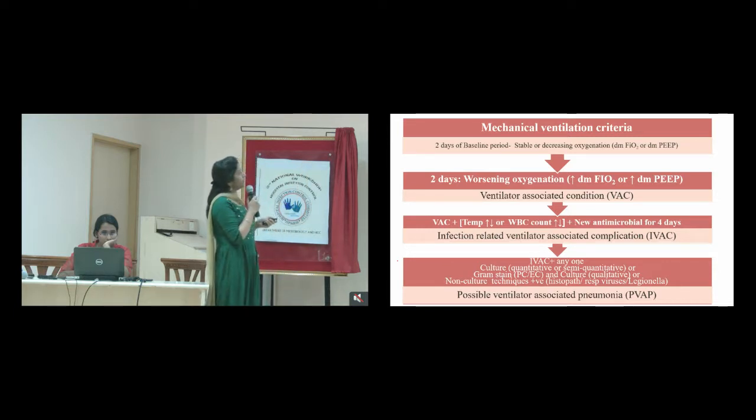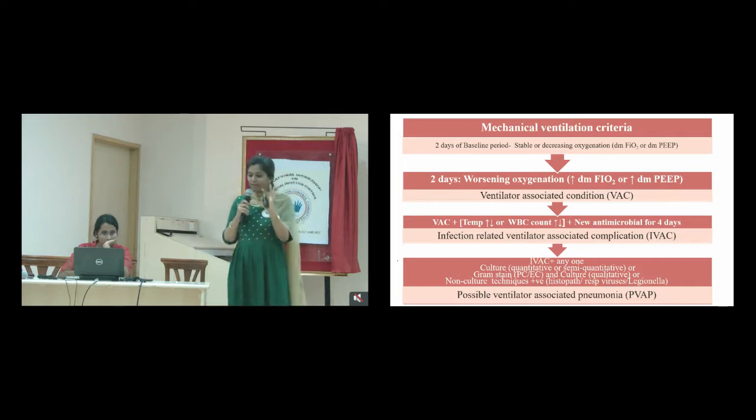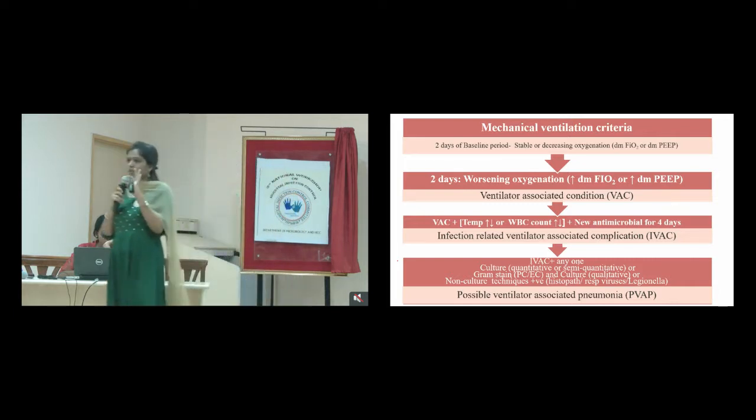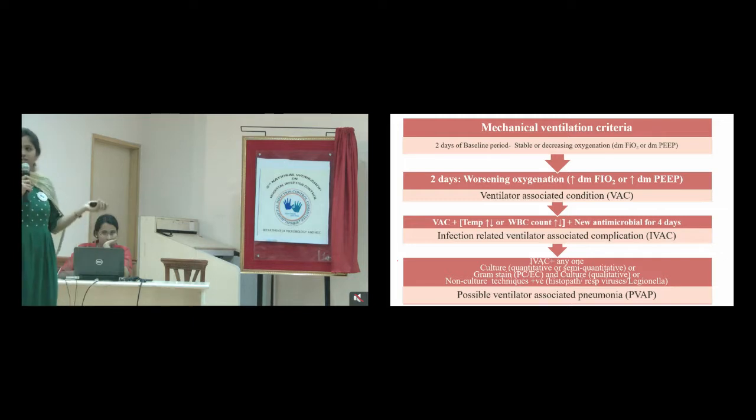So these are the three conditions. The first is ventilator associated condition. The second is infection related ventilator associated complication, and the third is possible ventilator associated pneumonia. Sometimes all three are fulfilled, but we are going to report only one, the higher in the hierarchy.